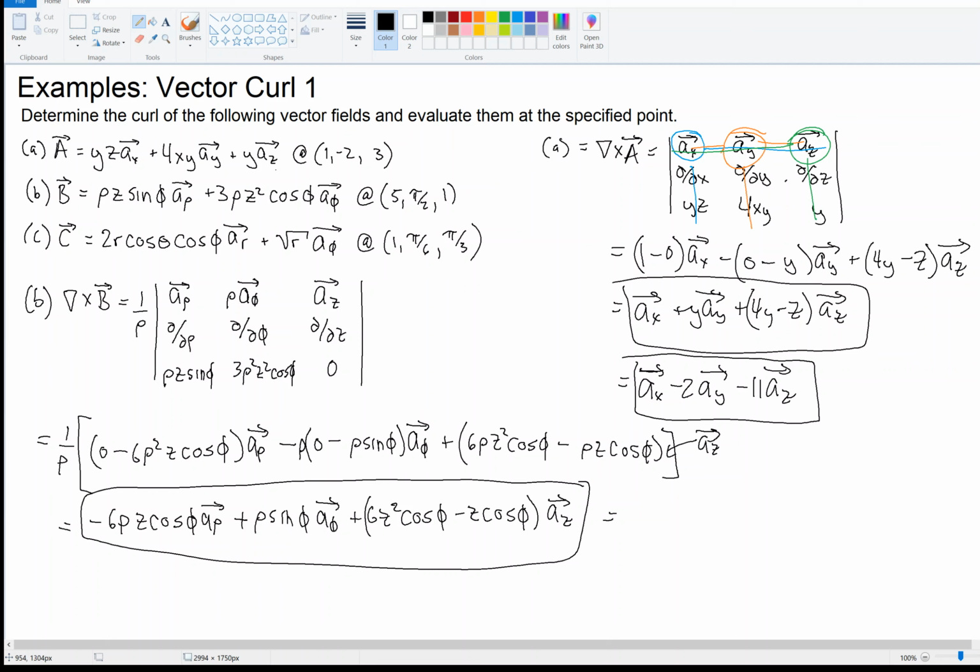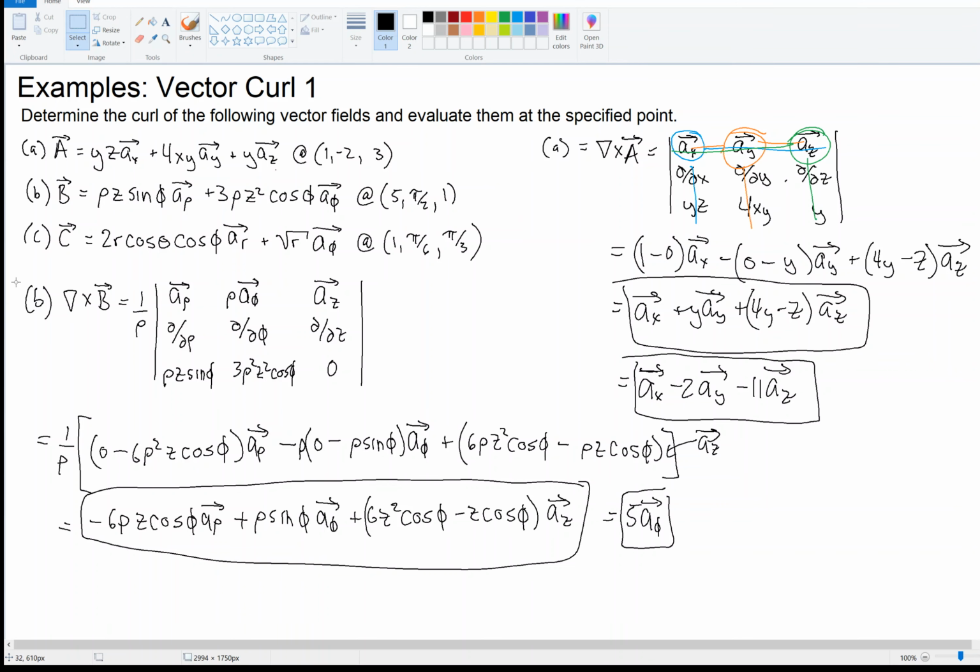Sine of pi over 2 is 1, so this is 5 in the phi direction. And then here we've got cosine of pi over 2, so that's going to be 0, so that wipes out the z direction. And so at this point, 5, pi over 2, 1, we just have 5 in the phi direction, so that's nice.